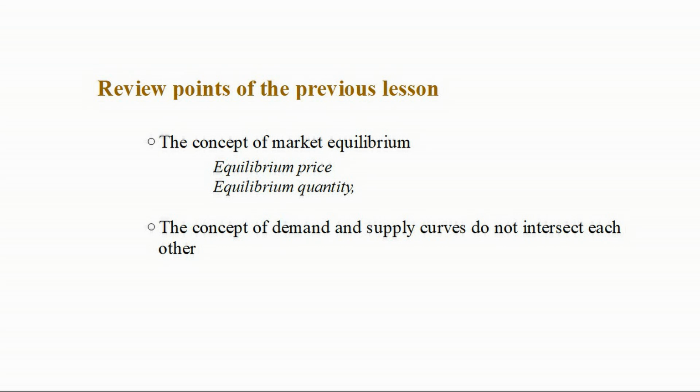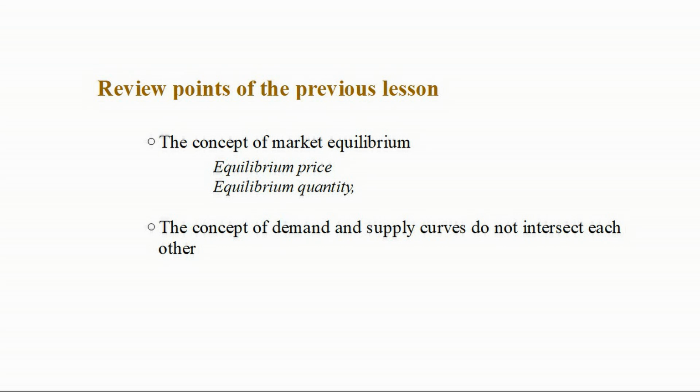This is the situation that we have discussed through the equilibrium schedule and equilibrium graph. We can also calculate the market equilibrium mathematically. Through a mathematical solution, we have seen that we can find the equilibrium price and equilibrium quantity according to the given information of the market demand function and market supply function.